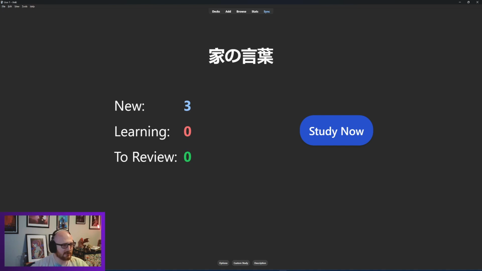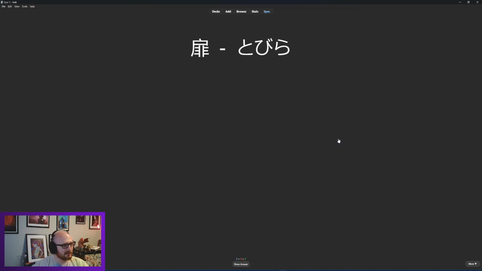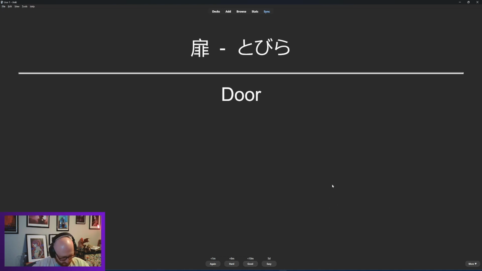So this is house words. So you could pronounce this ie no kotoba, uchi no kotoba. I think both would be perfectly fine there. So first we have tobira. And I'm kind of annoyed. I went looking for the word door a while back when I was filling this in, because I was like, well, I need door.